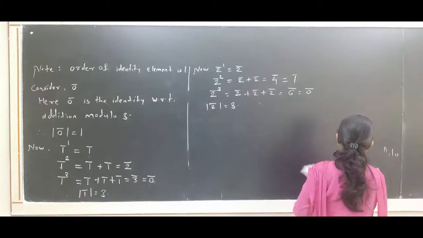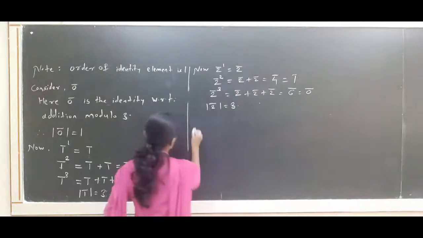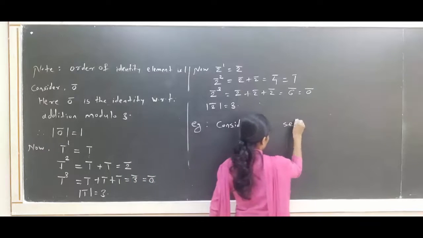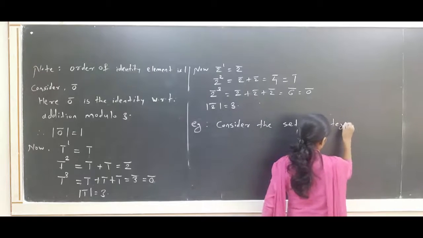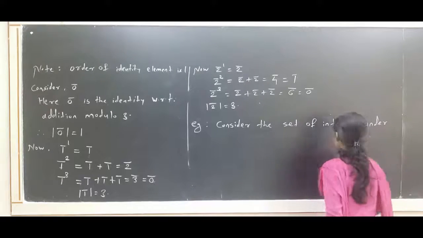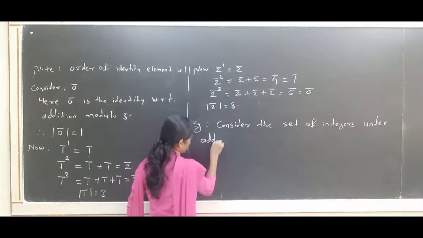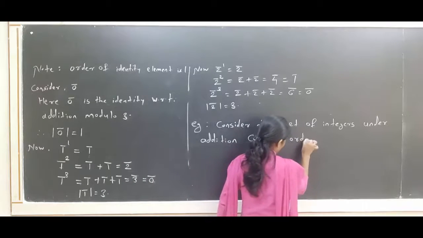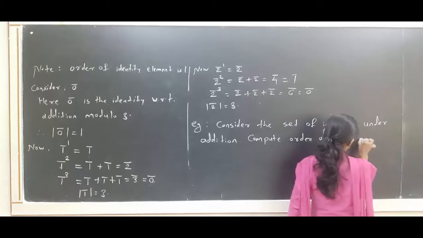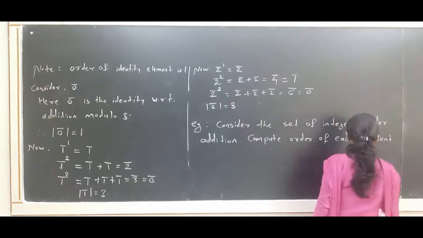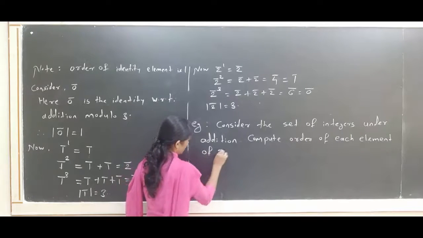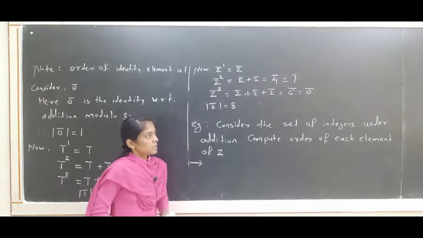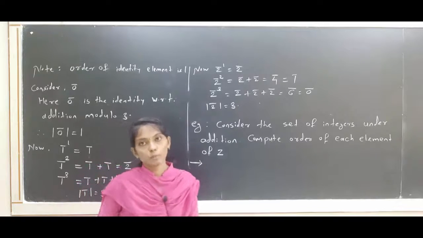Here we consider the set of integers under addition operation. Compute order of each element of Z. Okay, now see here, set of integers is given and here binary operation is addition.